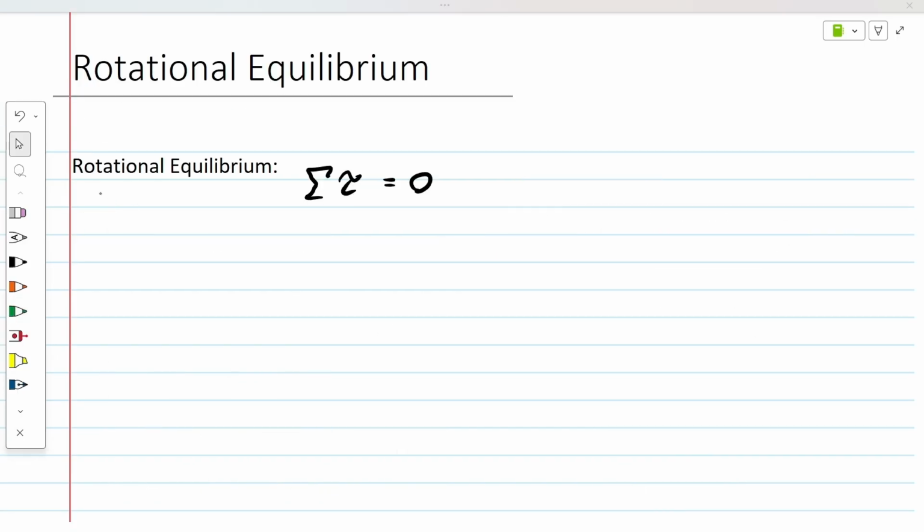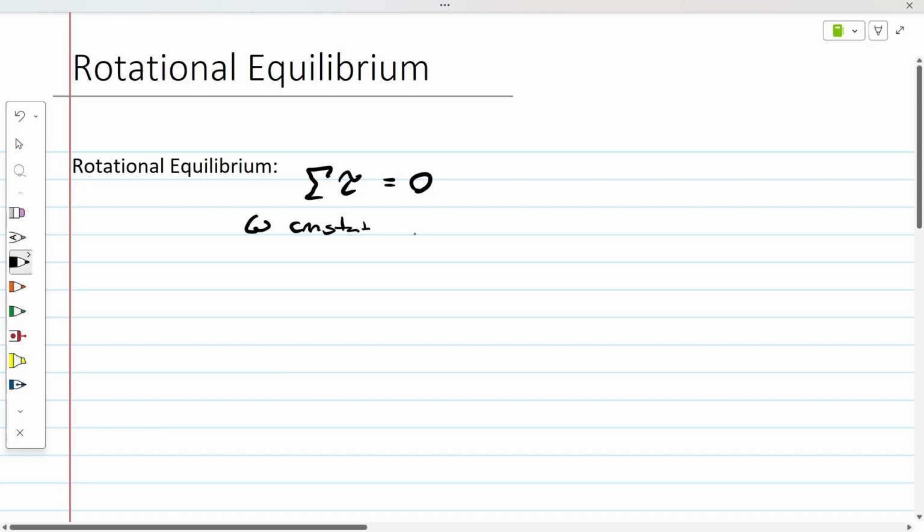So rotational equilibrium is when the sum of the torques is equal to 0. So in this case, the rotational velocity is going to be constant, or it's going to equal 0, which is also a constant.